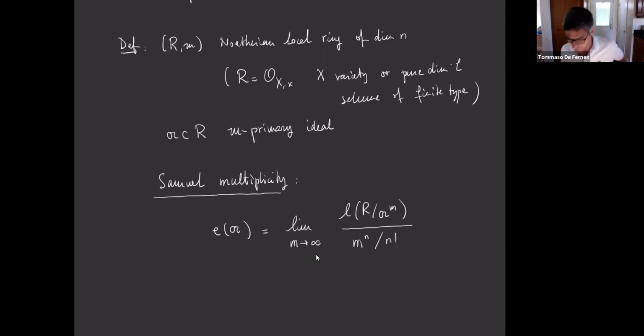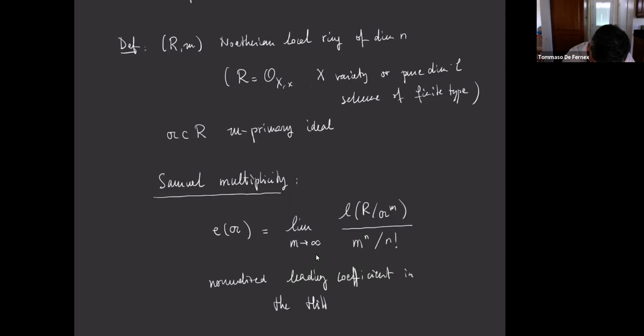I put it in the numerator, but I think people often write it as a denominator. So this is a kind of renormalization. So what is this? This is the normalized by n factorial leading coefficient in the Hilbert polynomial.